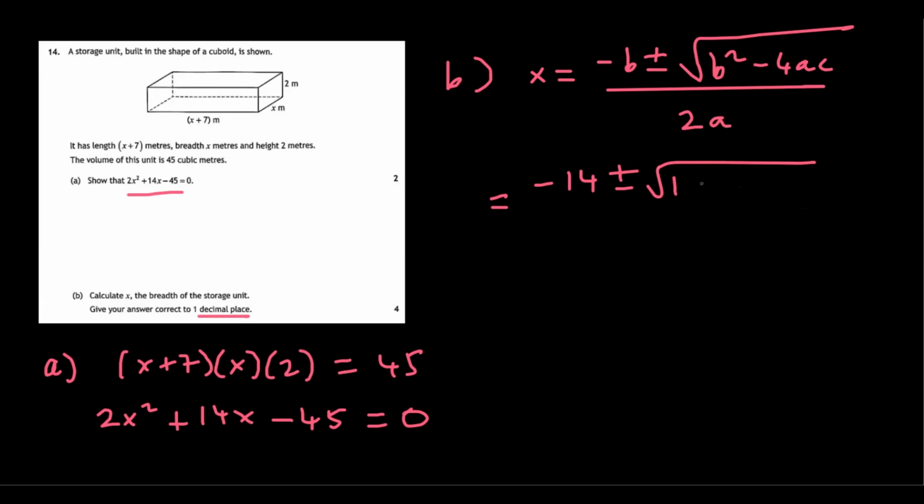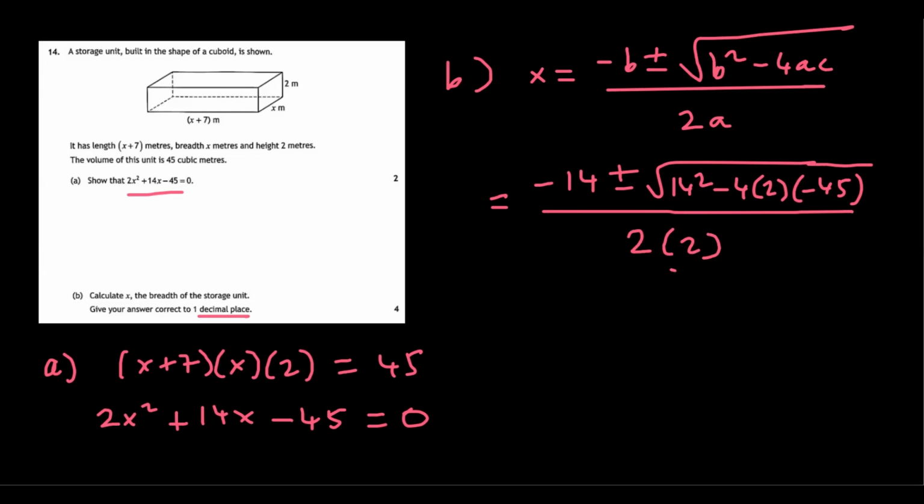Let me just write it out. So 14 squared minus 4 times 2 times minus 45. Those are the values of A and C. And then it's all over 2 times A. So A is 2. And then we just simplify that using the calculator. So this just means that you take plus first, and then you take the minus sign when you enter it in the calculator.